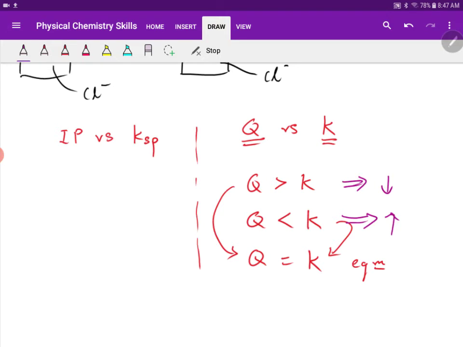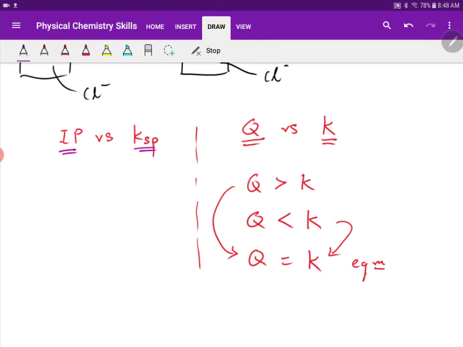So this is what we are looking out for. If we understand this, we can actually apply it to our idea of IP versus KSP.